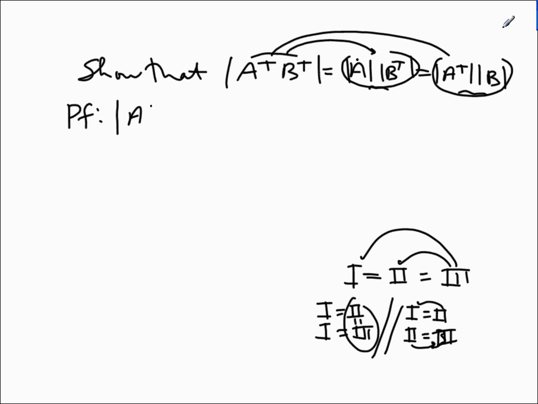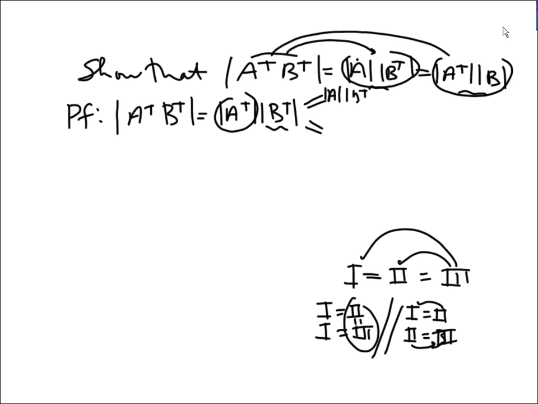The determinant of A transpose B transpose is the determinant of A transpose times the determinant of B transpose. The determinant of A transpose is the determinant of A. The determinant of B transpose is just the determinant of B. And I proved both of these.